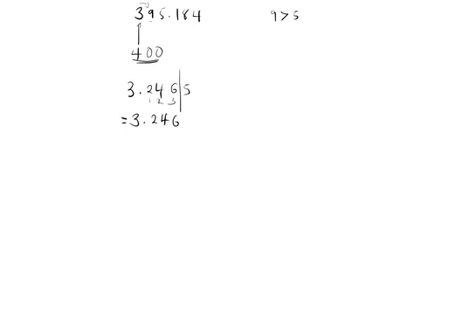You'll notice that we've not considered 5, even if it is greater than 5 or it is 5 itself. It could have changed the digit 6 if we were rounding off. But because we are truncating, we just cut it off, and our final answer becomes 3.246.